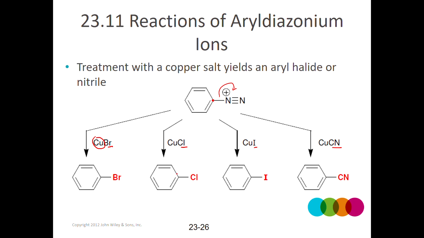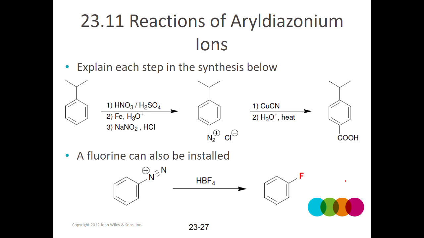So now we have another way of adding a halide to the ring, or a cyanonucleophile if we want to add that to the ring. And there are then reactions that can undergo, depending on what functional group we want to be connected to the ring in the end.